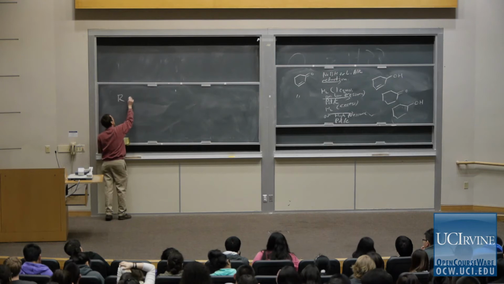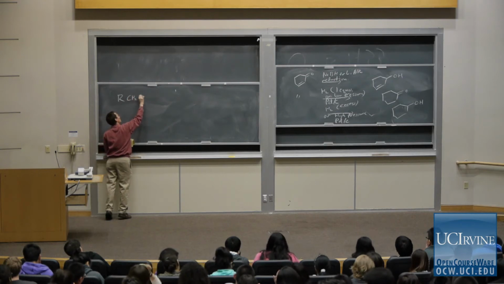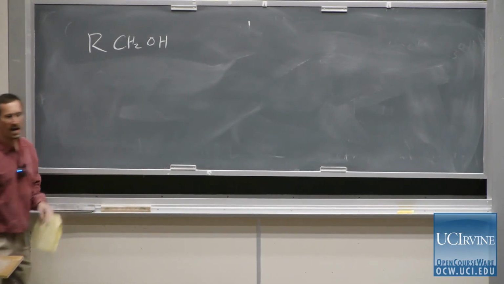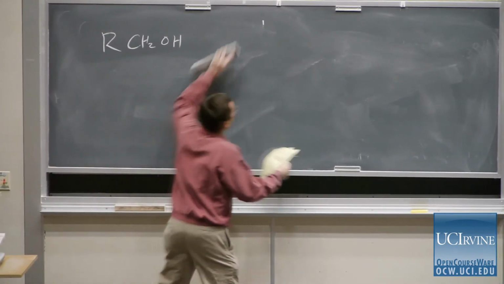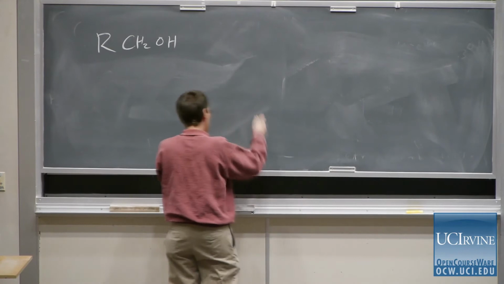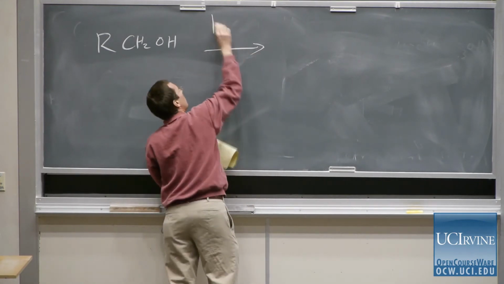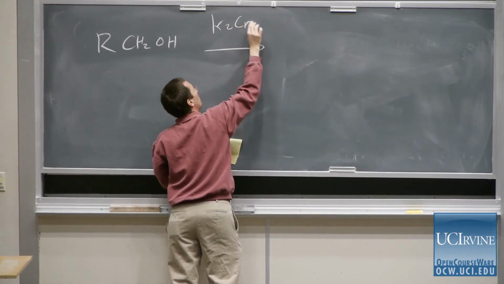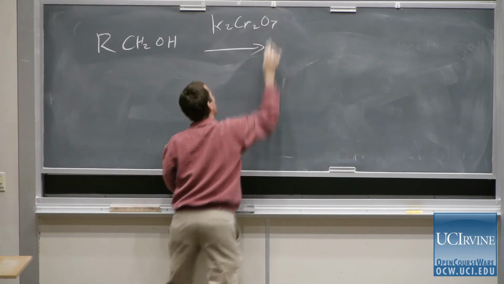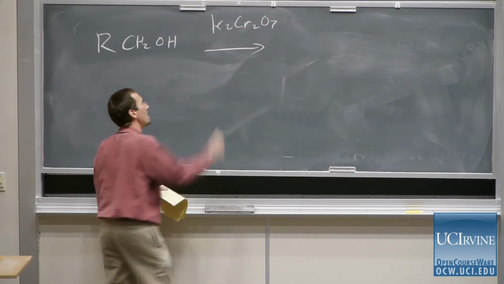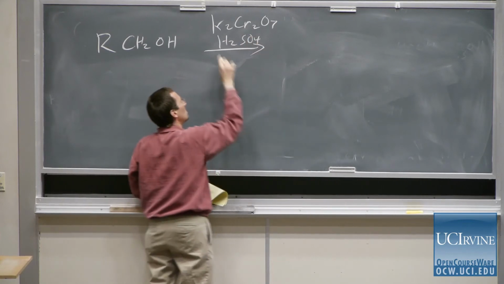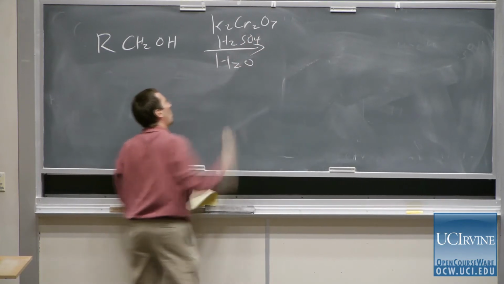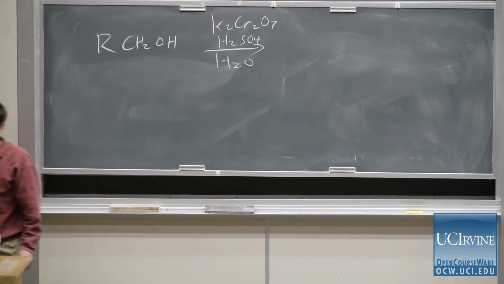They give you three related sets of oxidation conditions to oxidize a primary alcohol up to a carboxylic acid. All the ones that they show you involve chromium. It's a classic potassium chromate or potassium dichromate or sodium dichromate or chromium trioxide in sulfuric acid and water, all essentially equivalent.